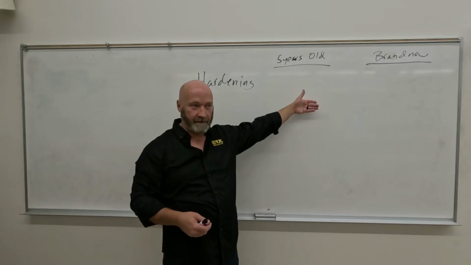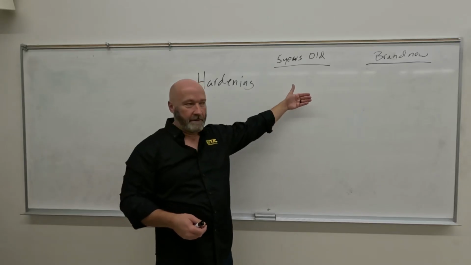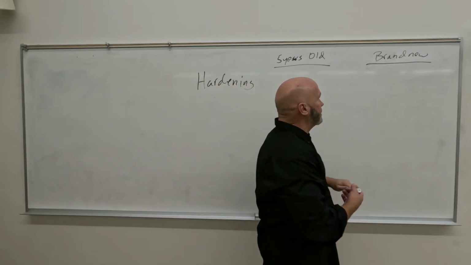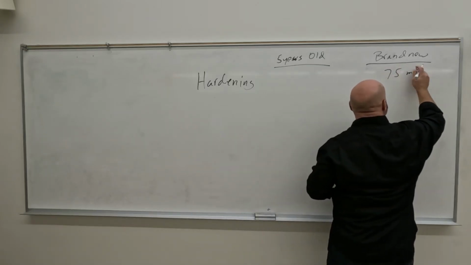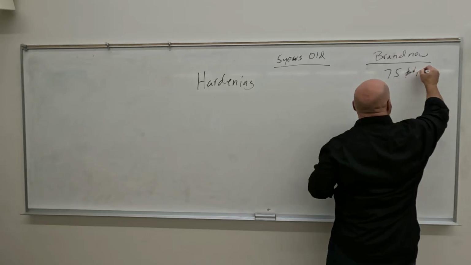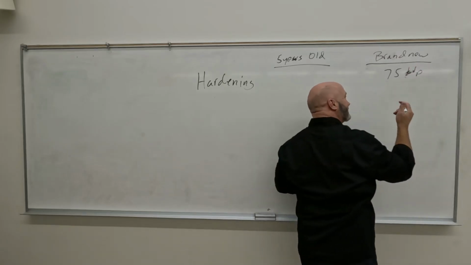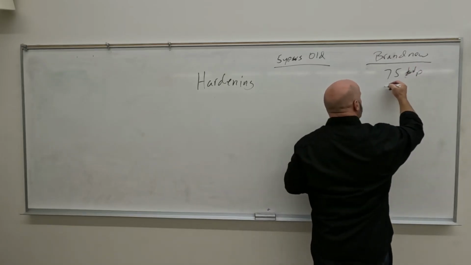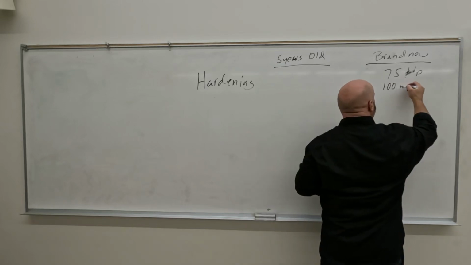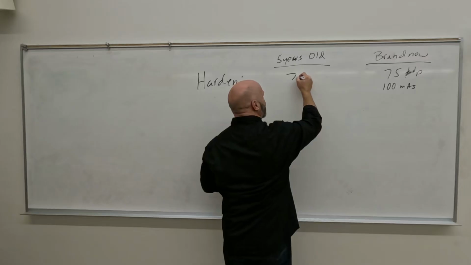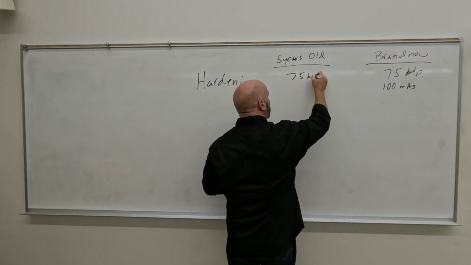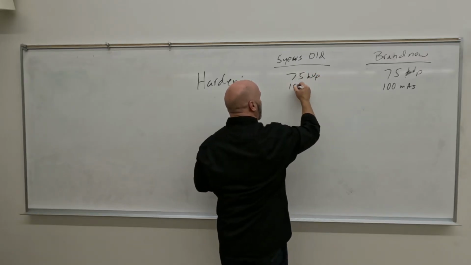Okay, you understand? So with brand new, let's say we set a technique, and the kVp doesn't matter, so we'll say 75 kVp in this illustration. And let's say we set a technique of 100 mAs, the exact same technique on both sides, in both rooms.